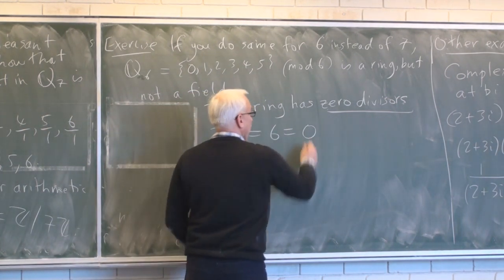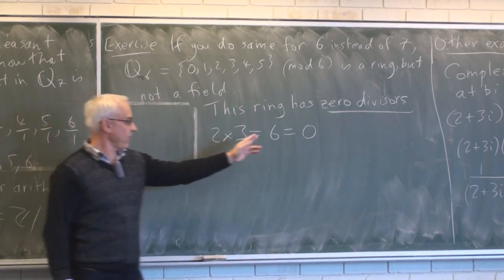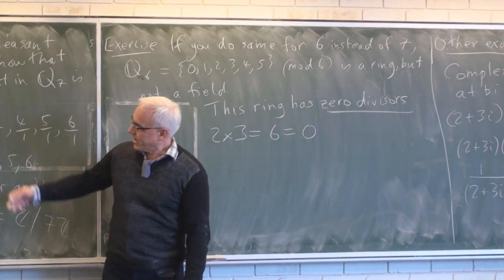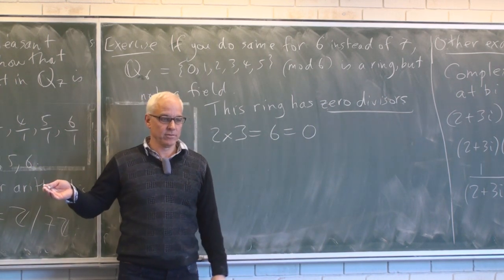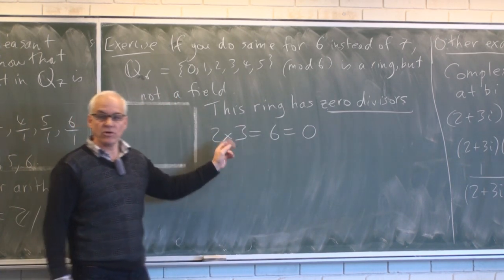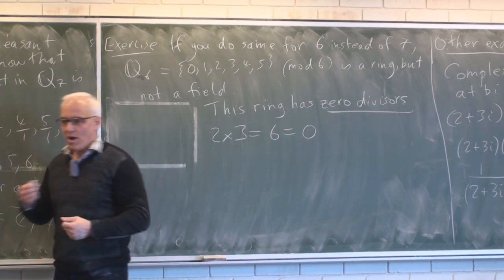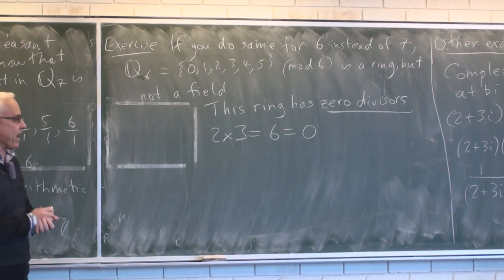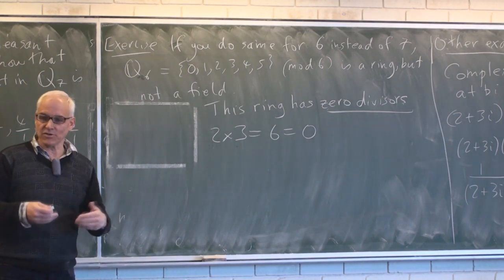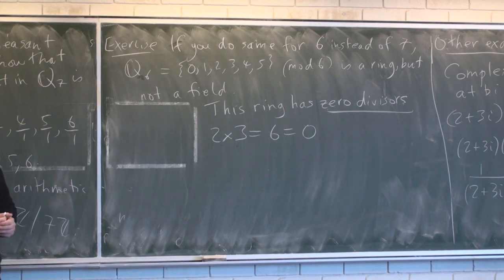But 6 is the same as 0 in Q6. Why is 6 the same as 0? Because the difference is a multiple of 6. So here we have two non-zero numbers whose product is 0. Rings that have this property are sometimes a little bit problematic, or maybe it's better to say that rings that don't have zero divisors are a little bit more pleasant. They're more like the integers.